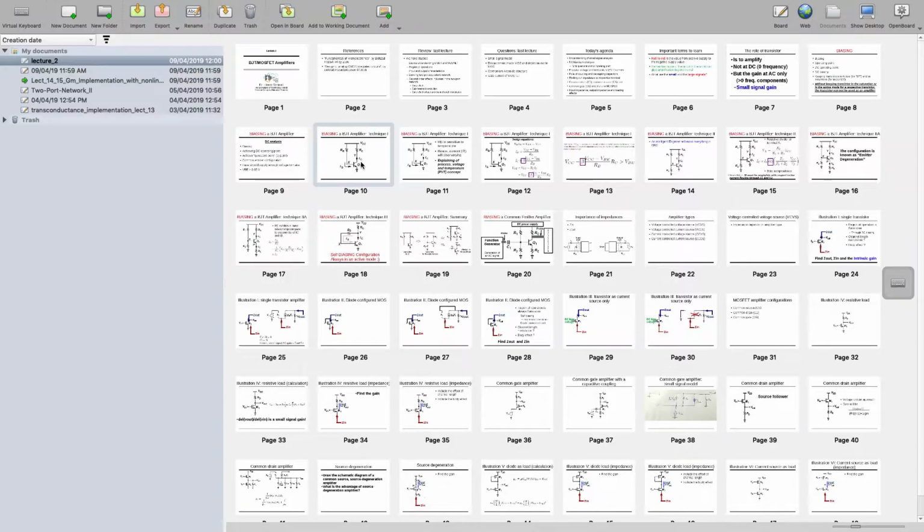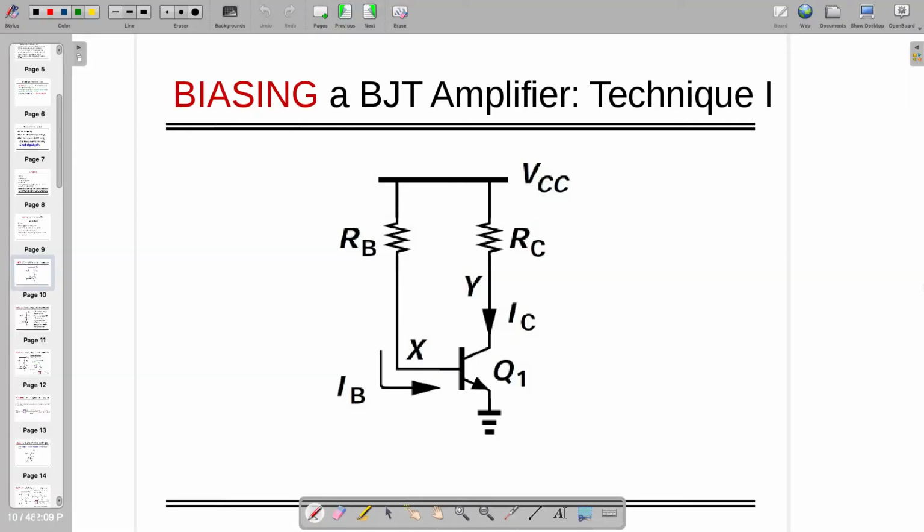So very quickly just look at this thing. Just for biasing a BJT amplifier, you can use such kind of scheme where there is a resistance, but the only problem is, what is the problem in this one, by the way?